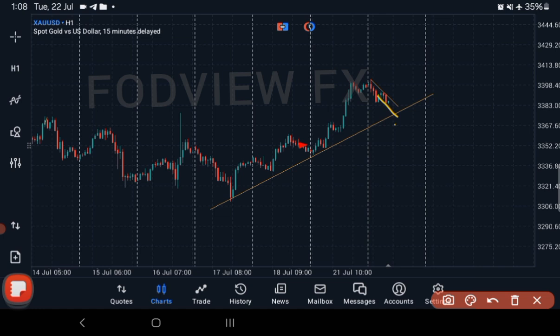Then maybe look for an opportunity. If it gives you all the entry techniques, whatever you have, you'll be expecting an entry from this point. And don't forget that you will be targeting this point. So I hope by now you understand how you can place a trend line like a pro.